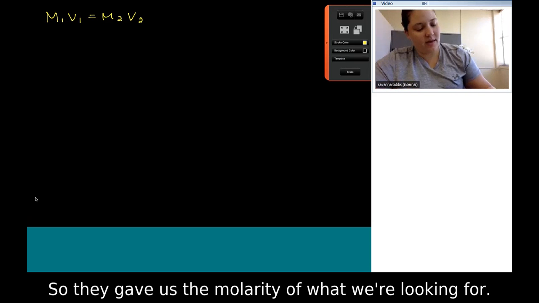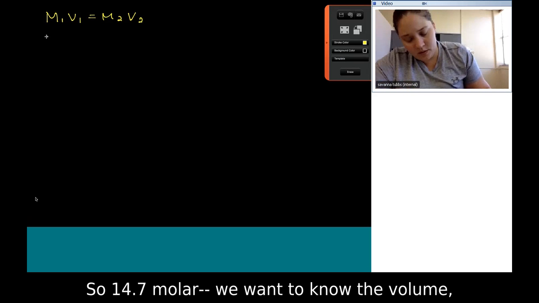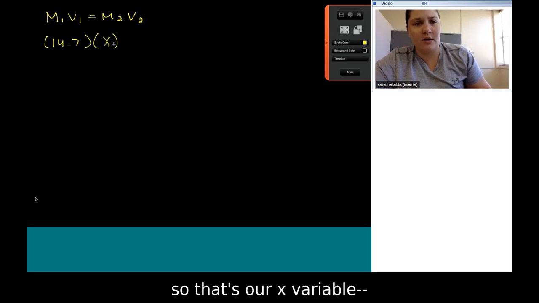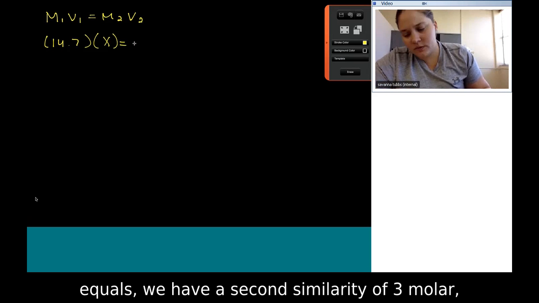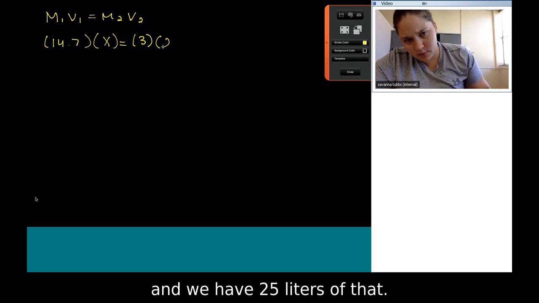They gave us the molarity of what we're looking for, so 14.7 molar. We want to know the volume, so that's our X variable, equals, we have a second molarity of 3 molar, and we have 25 liters of that.